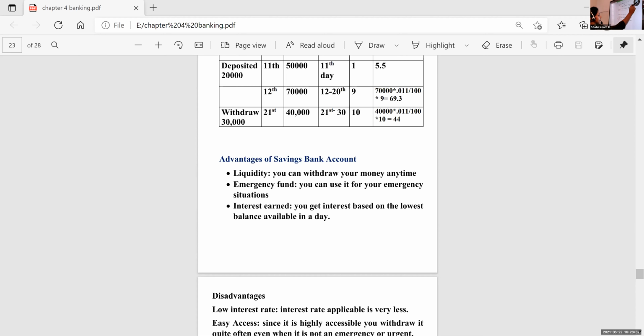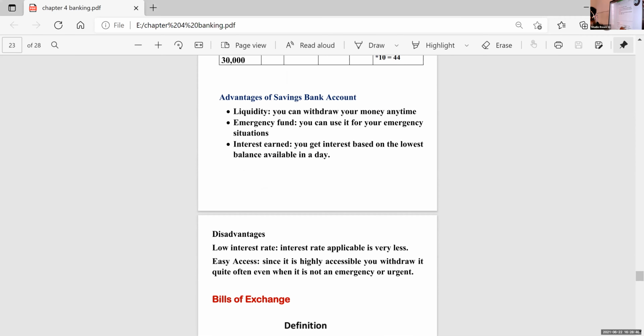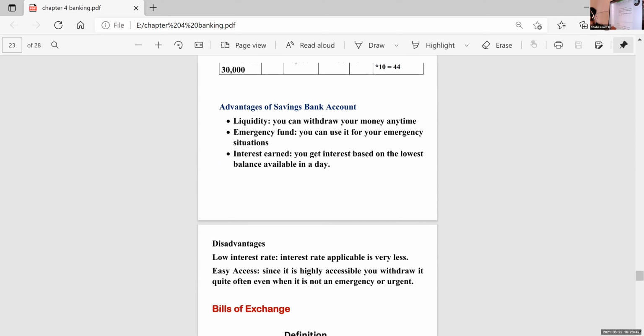There are disadvantages also. Low interest rate. Compared to other kinds of investments like bonds, the interest rate is very less. Easy access is also a disadvantage. Even though it is an advantage, still it is a disadvantage.